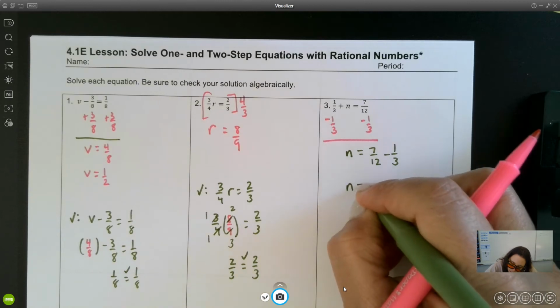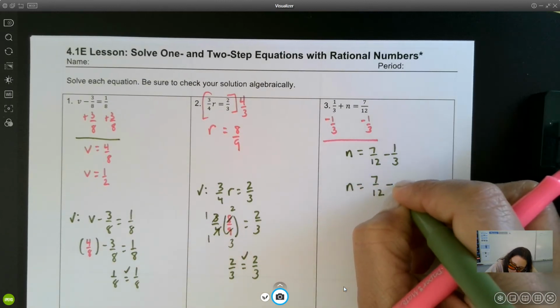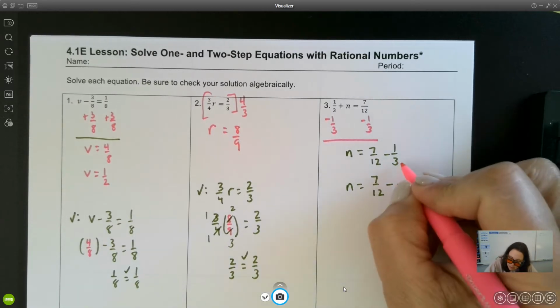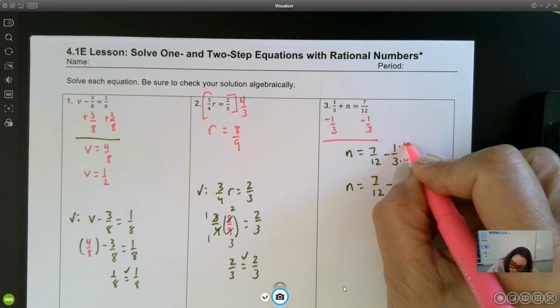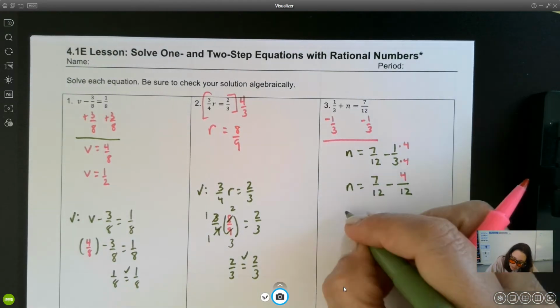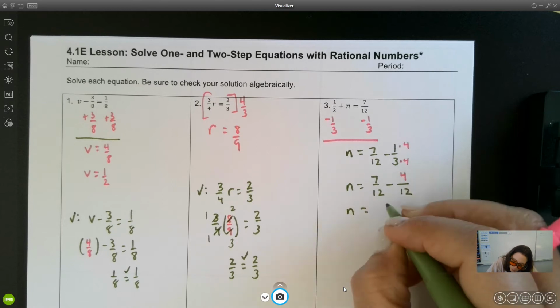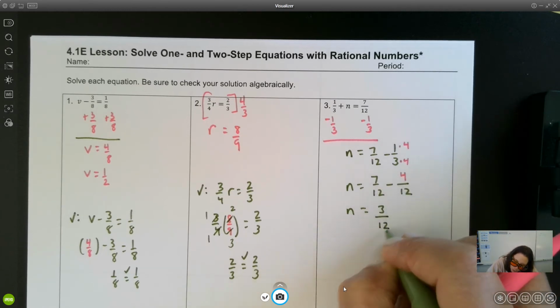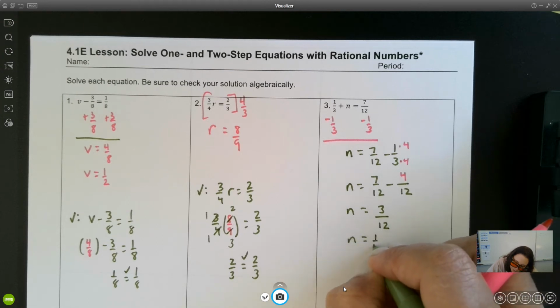We need n equals 7/12 minus something twelfths. 12 is our common denominator. This needs a 4. So this would end up being n equals 7 minus 4, or 7 plus negative 4, same thing, 3/12. So n equals 1/4.